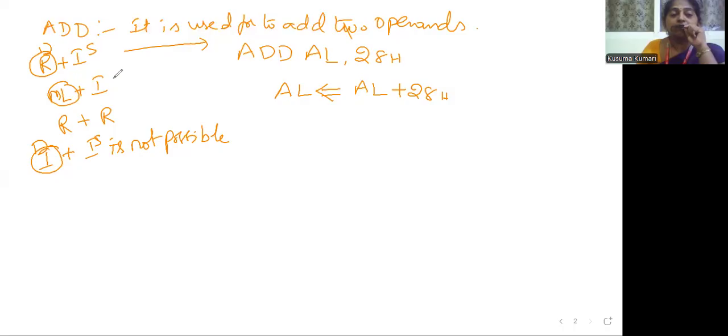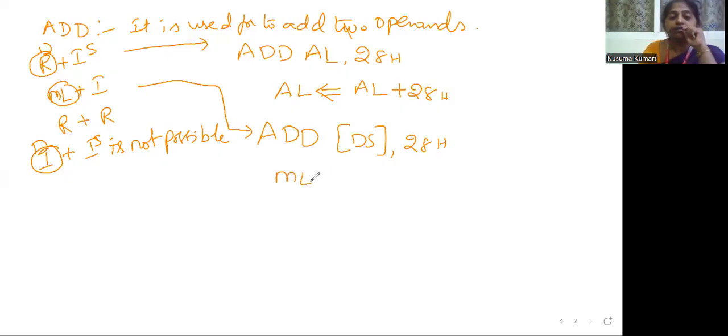Similarly, an immediate number can be added with a memory location also. That means ADD, memory location. The memory location, as I already told you, can be described in any one of the memory addressing modes. So DS slash 28 hexa. What does it mean?